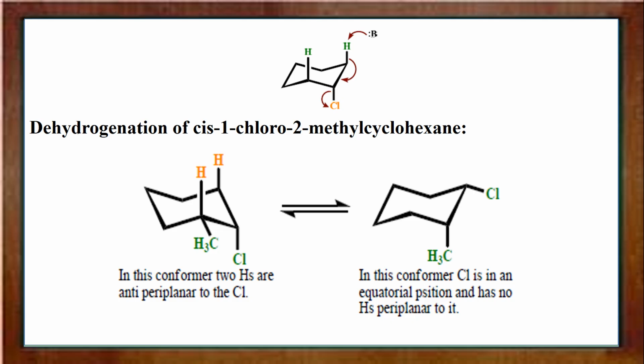In chlorocyclohexane, when the chlorine is oriented axially, this is the less stable conformer due to 1,3 diaxial repulsion. When it is oriented axially, it is anti-coplanar with both the beta hydrogens.